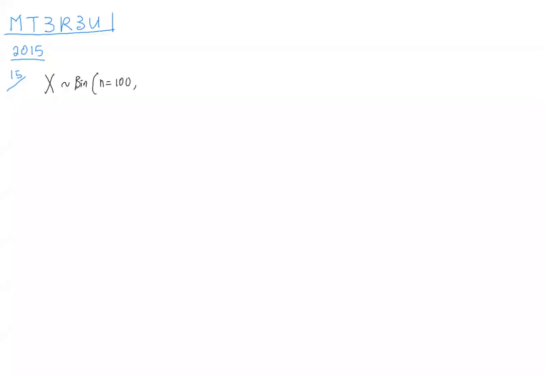So you have to put a note there. P is the probability that a person will have an Ebola virus.